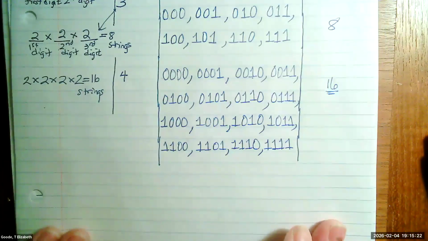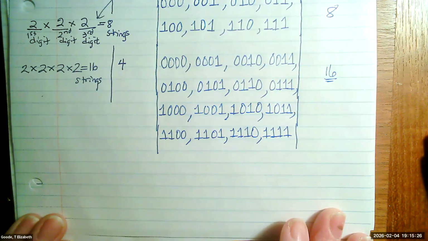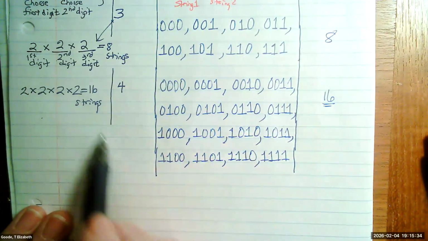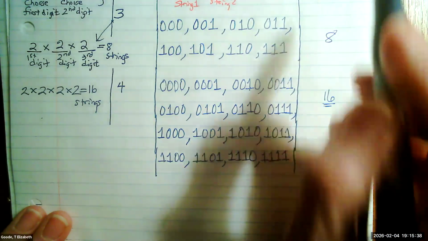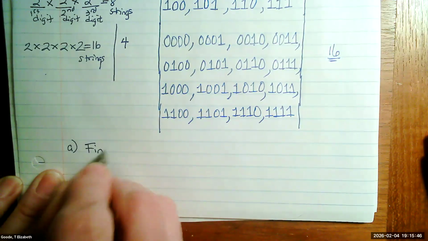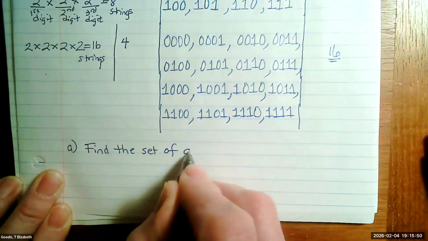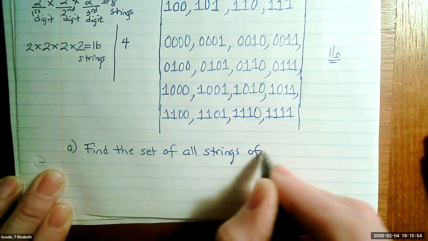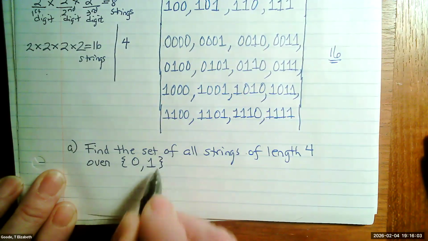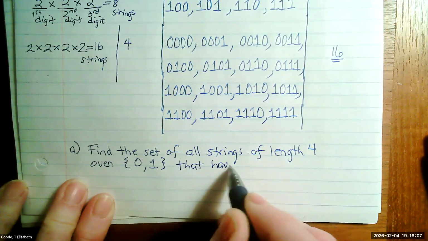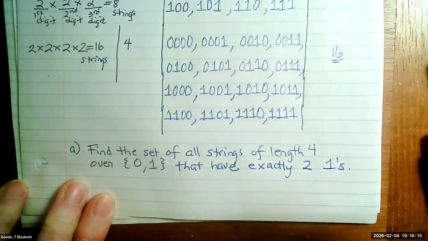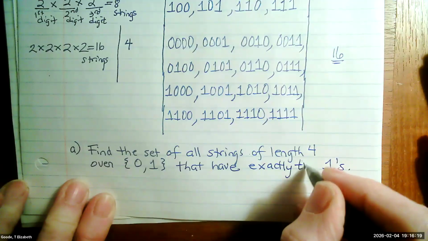Yes. So, there are different games that we can play with strings of a given length. For example, if we look at all the strings of length 4, there's 16 of them, over this alphabet that just has 0's and ones, we might be asked to find the set of all strings of length 4 over this alphabet that have exactly two ones.